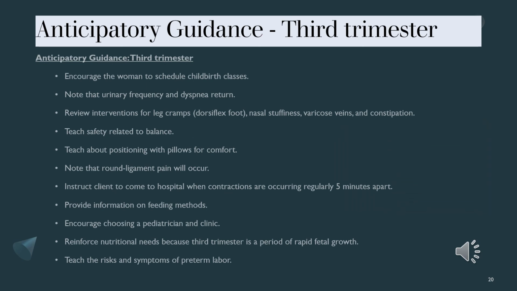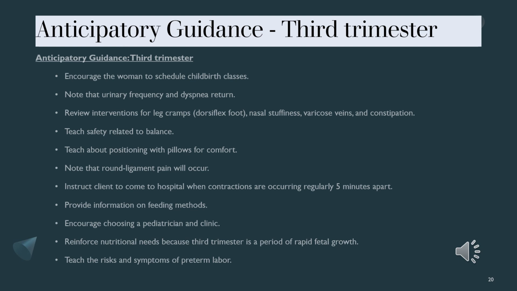Now into our third trimester, we want to make sure mom is getting into childbirth classes. We're going to tell her that she's going to have a lot of urinary frequency because now baby is much larger. They're going to be in there kicking and bouncing around on that bladder, so she's going to have to go to the bathroom more often. Same thing's going to happen with my lungs.